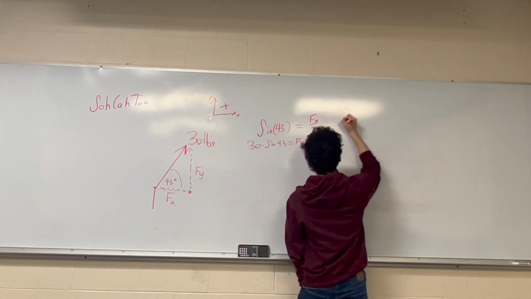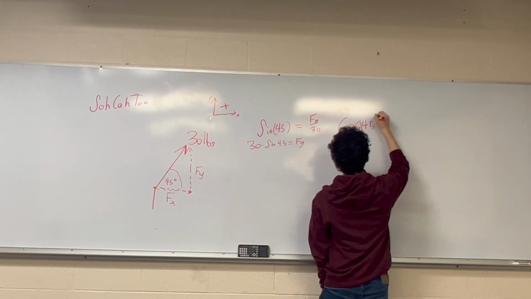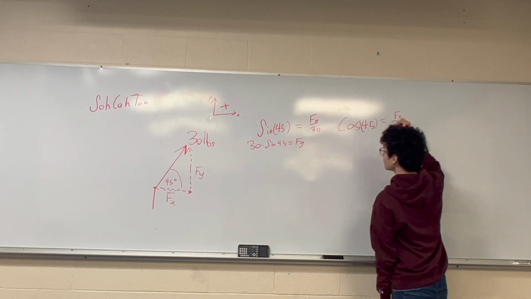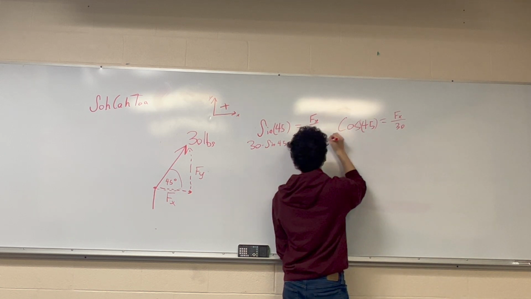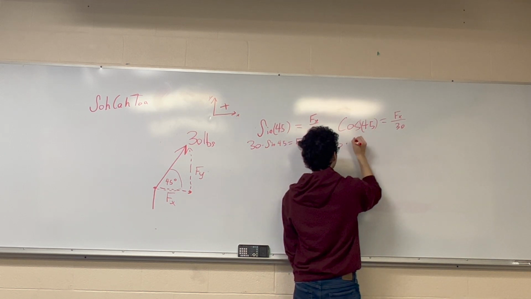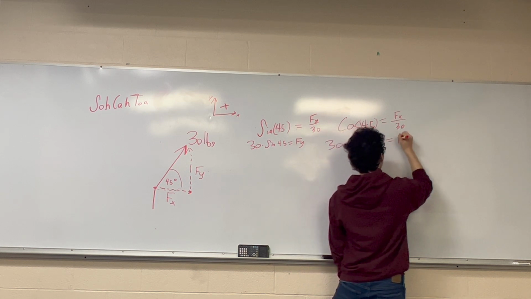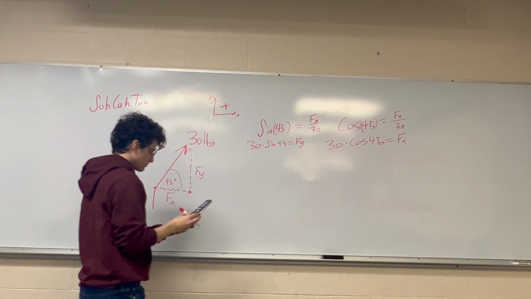Now cosine 45 will get us our Fx over 30. So 30 times cosine of 45 equals Fx. And we can just solve these.